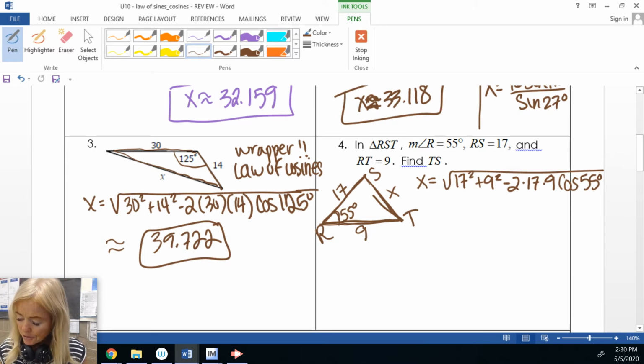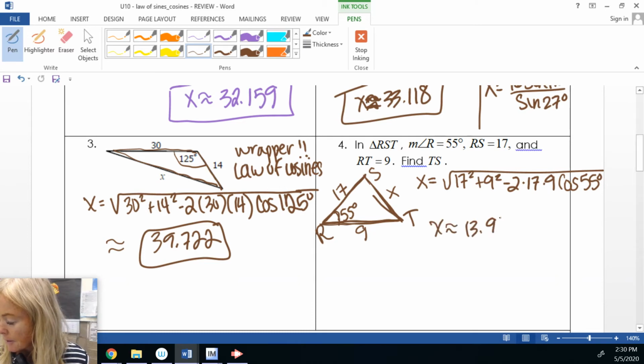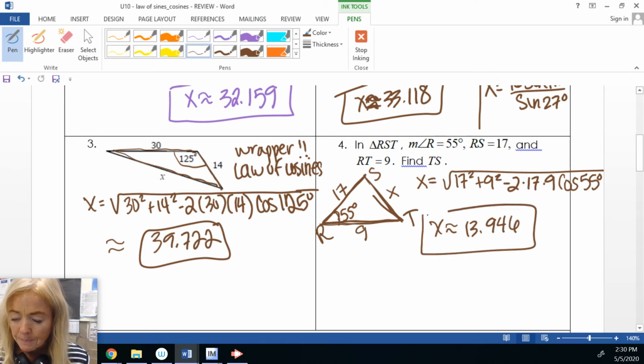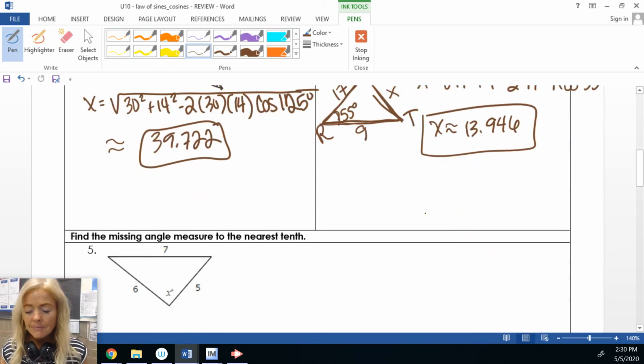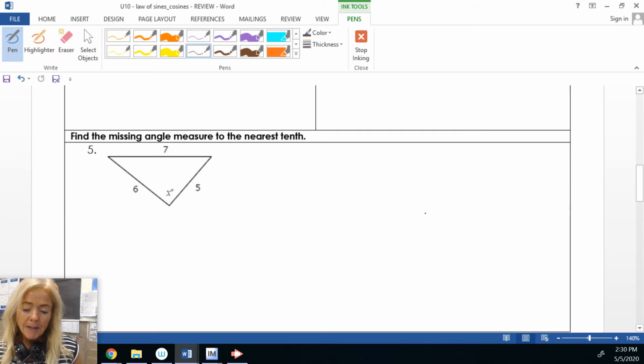I'm just going to plug it into my calculator because I already showed you the last one. I'm sure you can do that now. Calculators are your specialty. X is approximately 13.946.